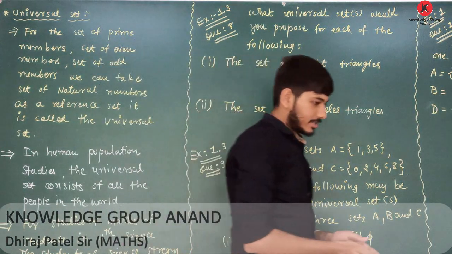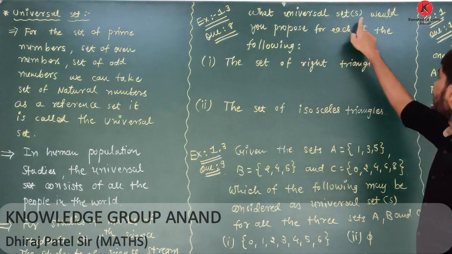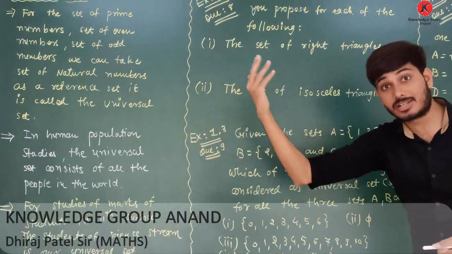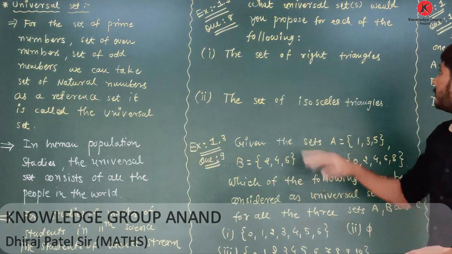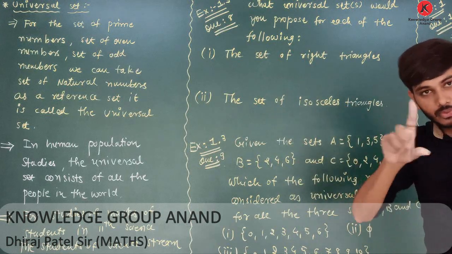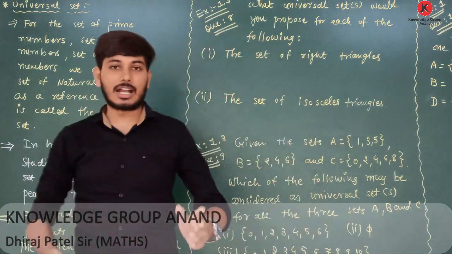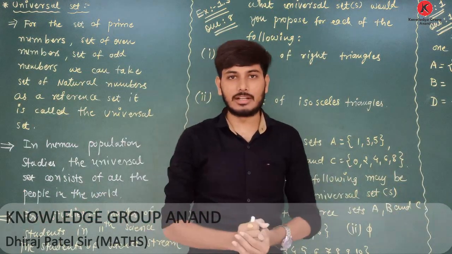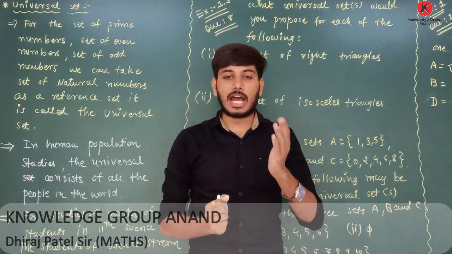Now, exercise 1.3, question number 8. What universal set or sets would you propose for each of the following? You can take many universal sets, or you can take only one. First one, the set of right triangles. There are many right triangles having sides 3, 4, 5; 6, 8, 10; 5, 12, 13.